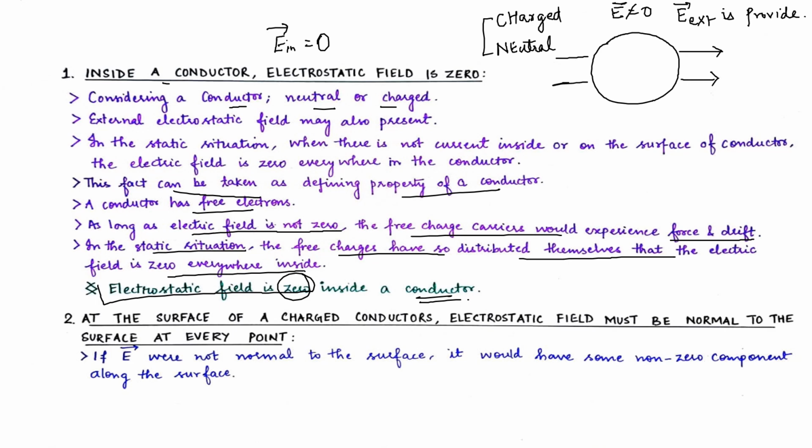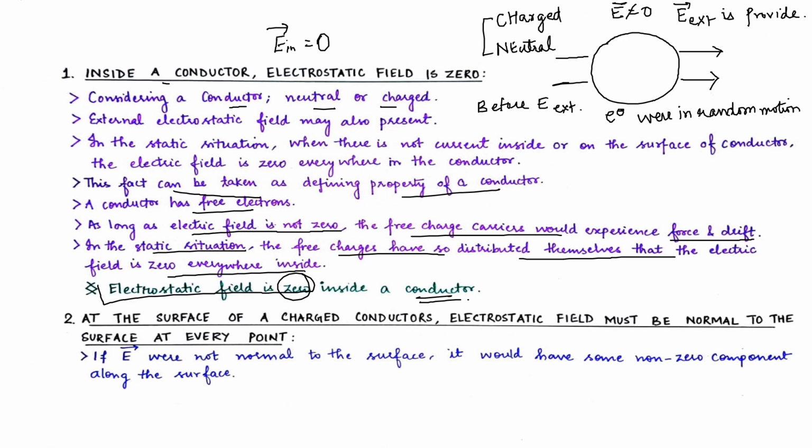Before providing E external, the charge carriers were in random motion. Before E external, electrons were in random motion.